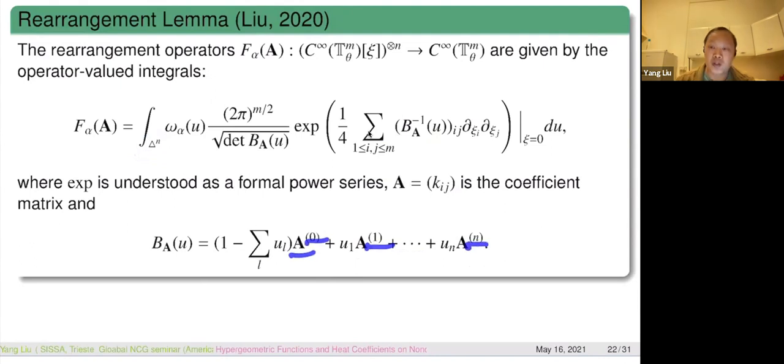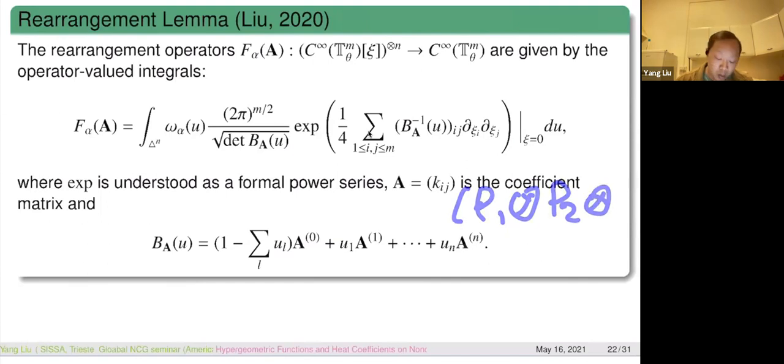This superscript represents that this multiplication is at the j-th slot, right? Different types of multiplications, because we are acting on tensors like that, row tensors like that. So we have different ways of doing multiplication.